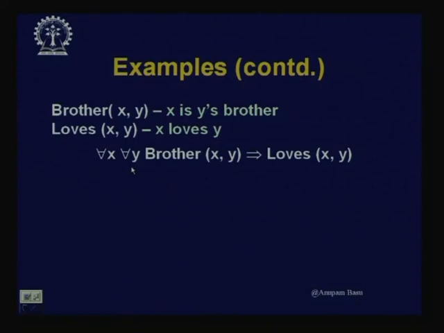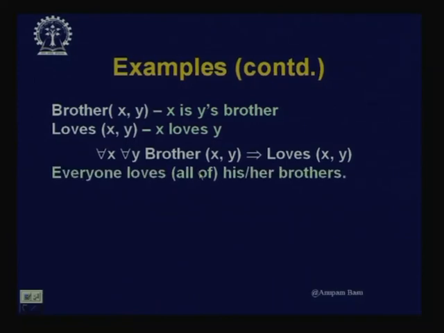So, what is the meaning of this? The meaning of this sentence is everyone loves all of his brothers or her brothers, all right. Now, this is a correct sentence. You might have noted that often when I say valid, I change that word, because I am using it as in normal English, but in terms of logic, since we have already discussed the interpretation of a sentence in a particular domain, this word valid has a special meaning.